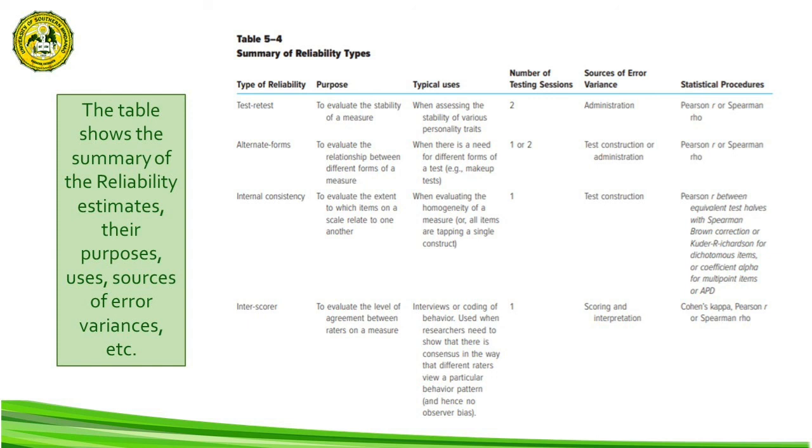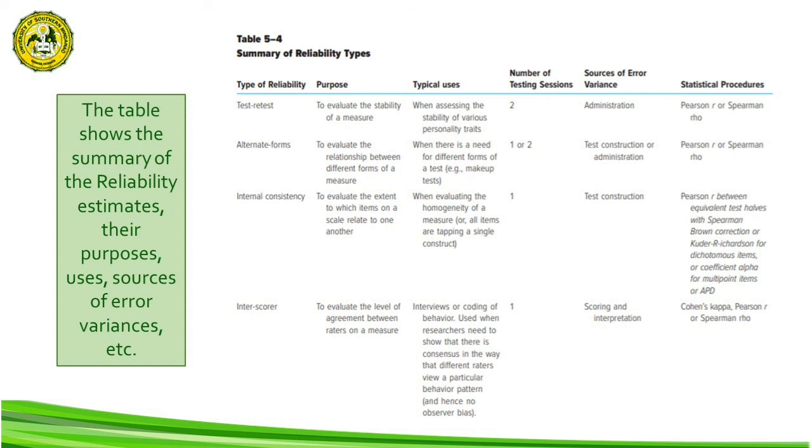So, we have the types of reliability, yung test retest, alternate forms, yung internal consistency, and interscorer. So, we have their purposes. So, yun ang test retest. Diba sabi ko, ang gina-evaluate niya is the stability of a measure. Then, its typical use is when assessing the stability of various personality traits. So, the number of testing sessions, kasi nga, test, retest siya. Kailangan mo ng initial test and then one for the retest.